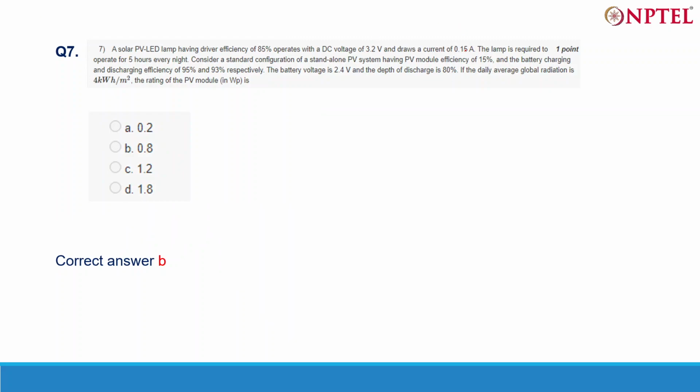Now this question. I think this type of question has already been solved, still I will try to solve it for you. So solar PV has a driver efficiency. The voltage is equal to 3.2, current equal to 0.15.